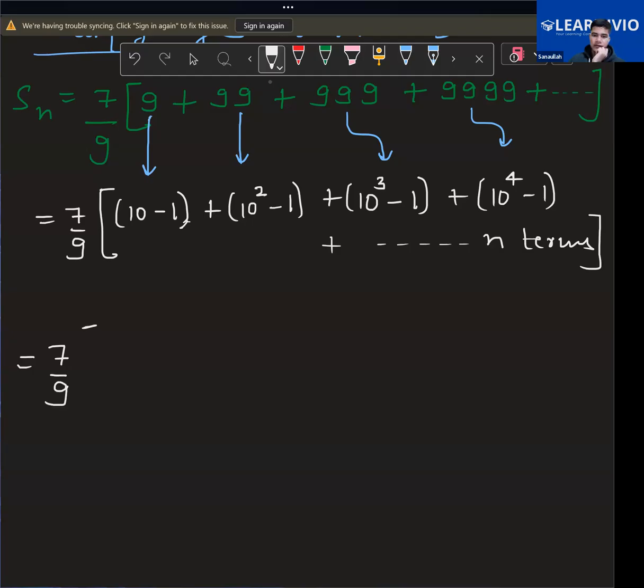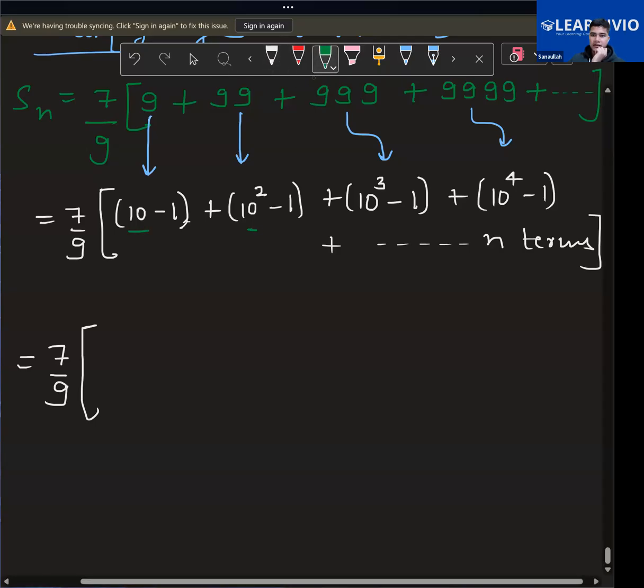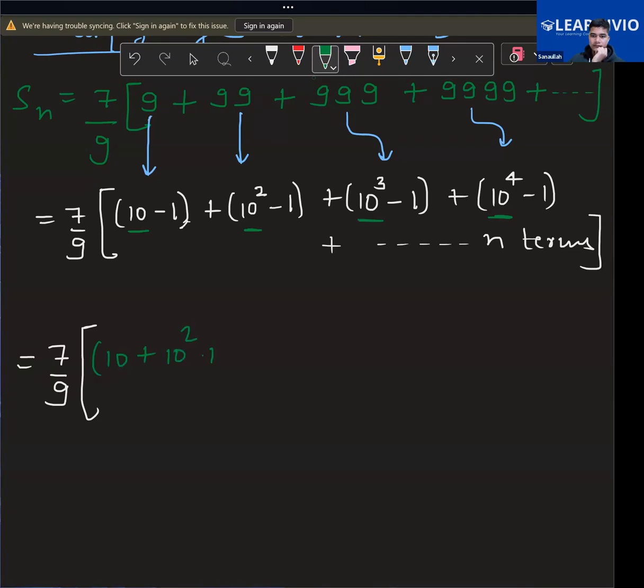See, I'm combining these terms: 10, 10 square, 10 cube, 10 to the power 4, plus, how many terms? N terms. This is for 10.